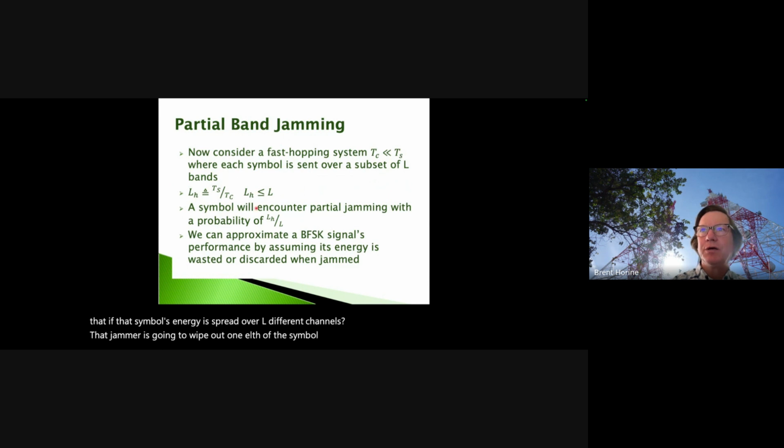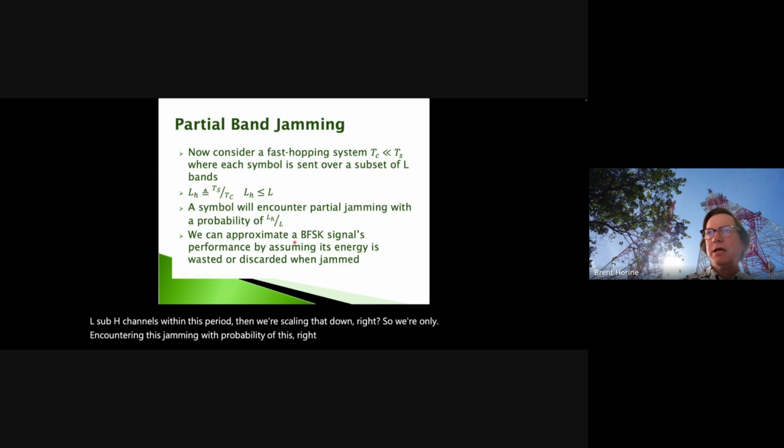We're scaling it with L_H and L: if there are L different channels and we've stepped over L over L_H channels within this period, then we're scaling that down. So we're only encountering this jamming with a probability of this.